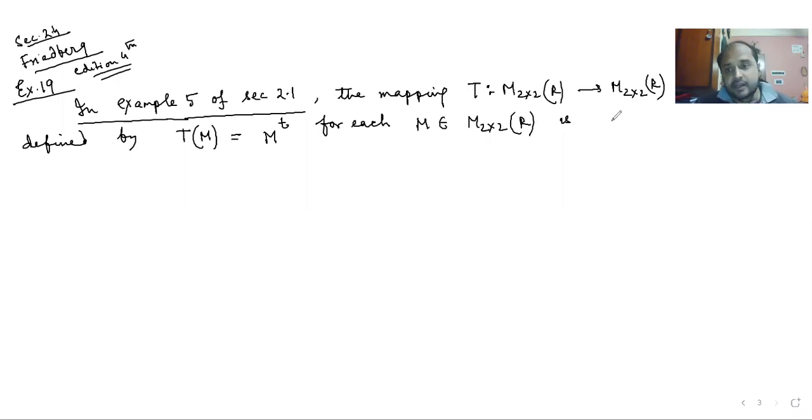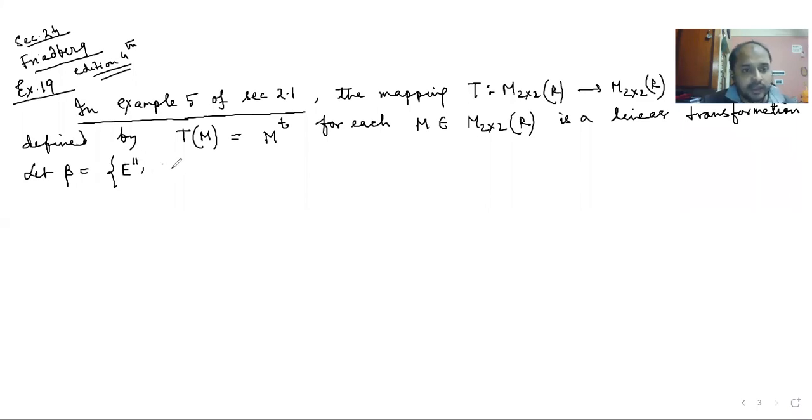This is a linear transformation. We don't have to prove that it is a linear transformation because it has already been done in section 2.1 of the book. Let beta be the basis E11, E12, and so on. You know very well what this means; we have just used it in my previous problem.